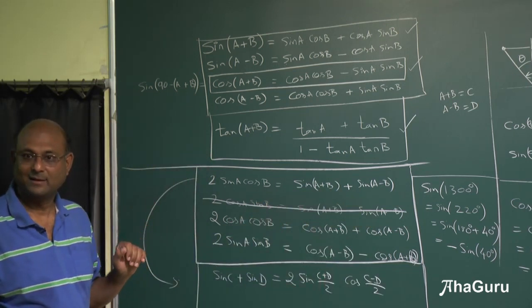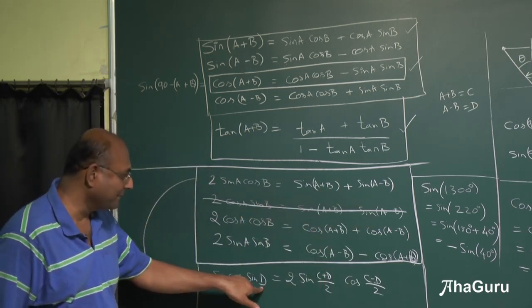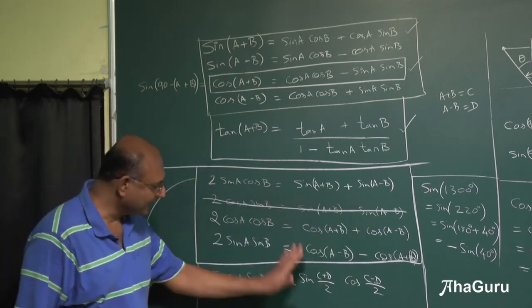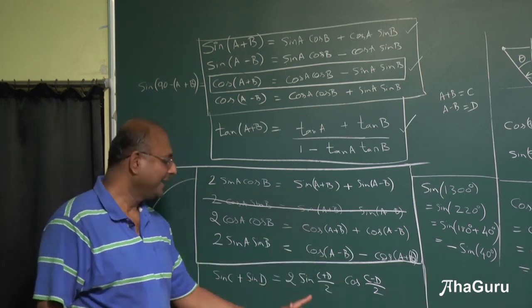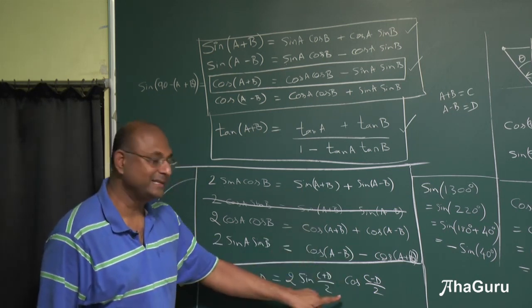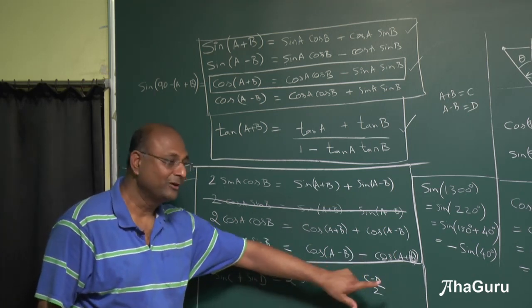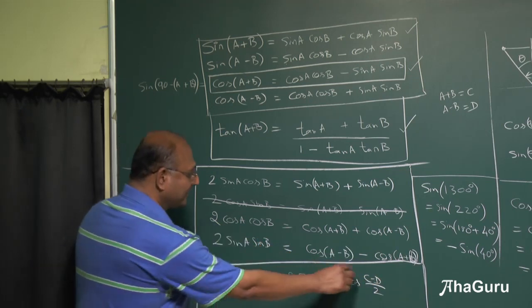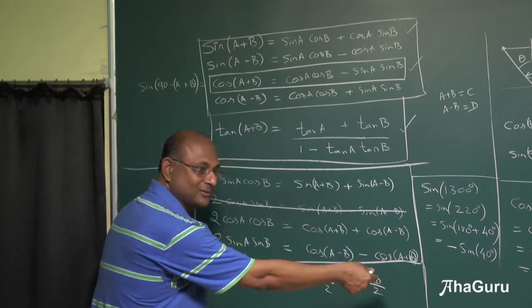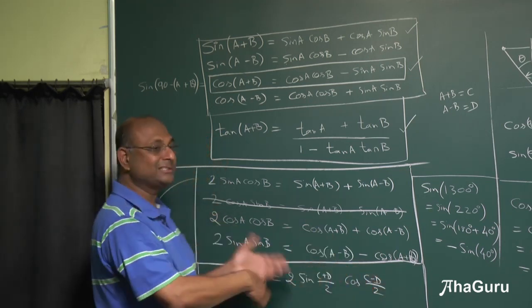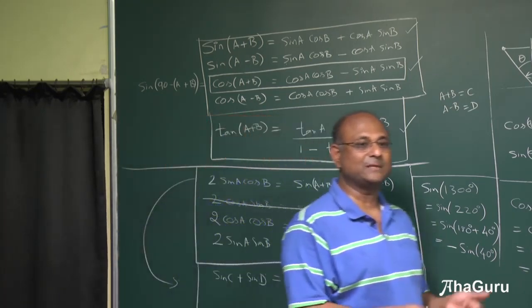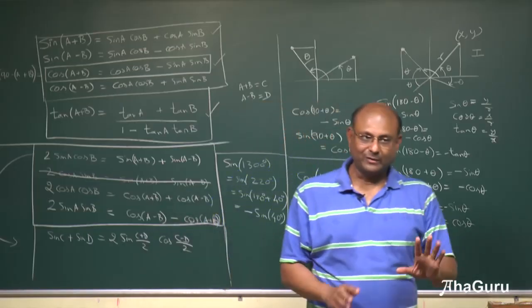Do you notice that? If I put a minus here and I pull the minus inside, 2 sin cos remains sin cos, except it becomes sin of C minus D by 2, which is that angle, and cos of C plus D by 2. So instead of writing it this way, why not just take the cos here and put the sin there? So just remember it as 2 cos of C plus D by 2 sin of C minus D by 2. This is what you will learn in school.